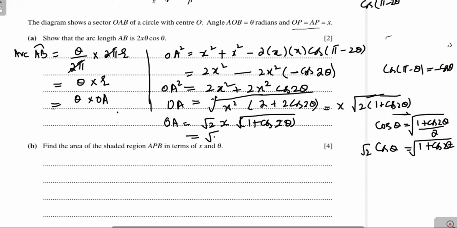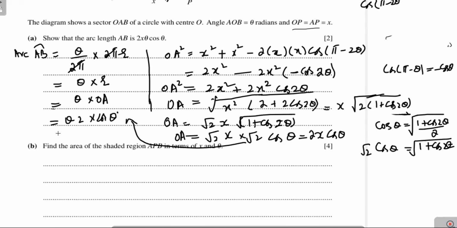We can write it as root 2 into x into root 2 into cos theta, and root 2 into root 2 gives 2 into x into cos theta. Therefore, the radius OA is 2x cos theta. We put the value there. Now the value becomes theta into 2x cos theta, which equals 2x theta cos theta, and we have proved the arc length AB is equal to 2x theta cos theta. This is the answer.